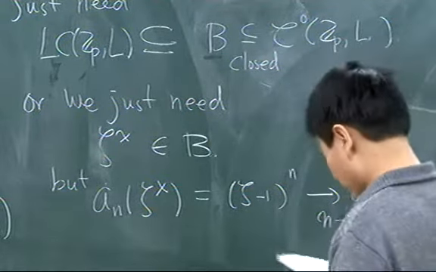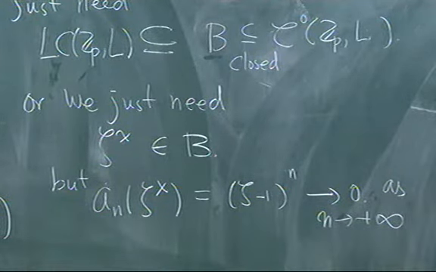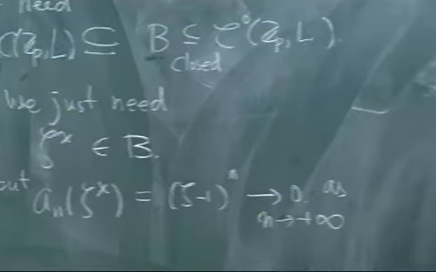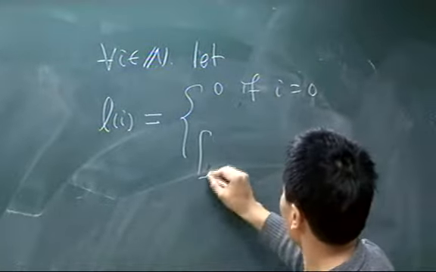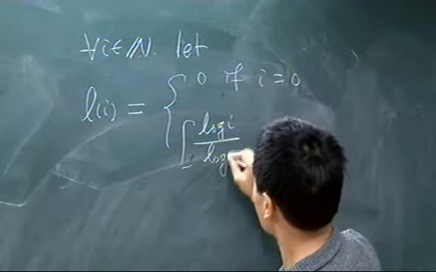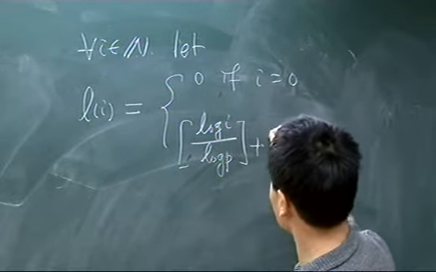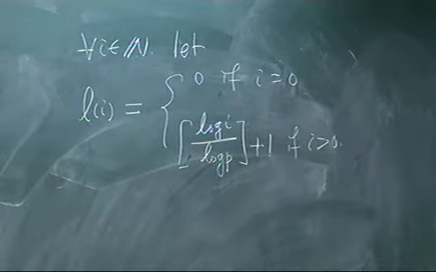Now we give some new notation. For any i contained in N, we let L(i) be 0 if i is 0, or log i over log p plus 1 if i is bigger than 0.